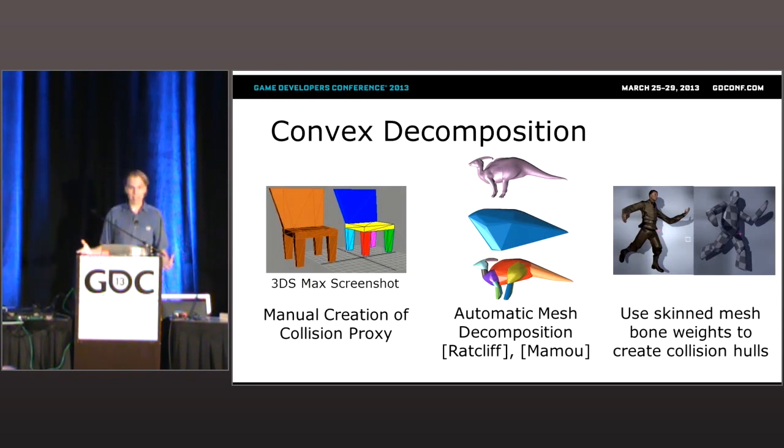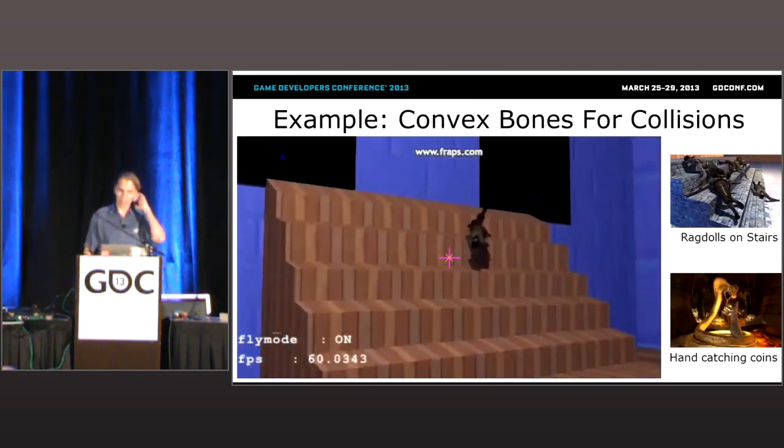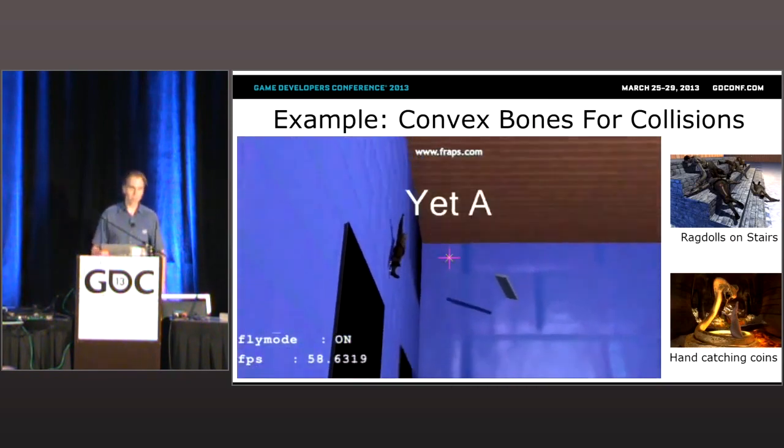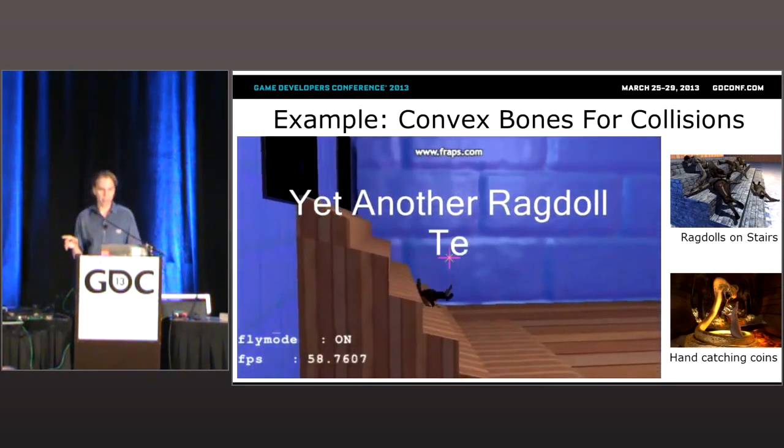Alternatively, if you've got skinned characters, well, you've already kind of done the work, because it's rigged. You've got bones. You can grab all the bones, simply sample your skin mesh, find any vertices that are weighted to that bone, and generate a hull or collision volume based on that. Okay. So an example of that is shown here. I mean, you've all seen ragdolls falling down stairs demos and that sort of thing.